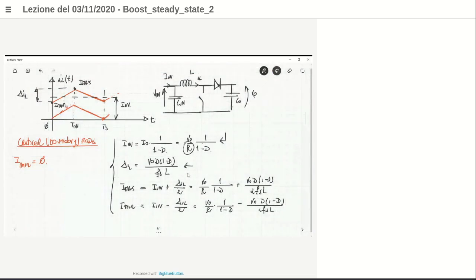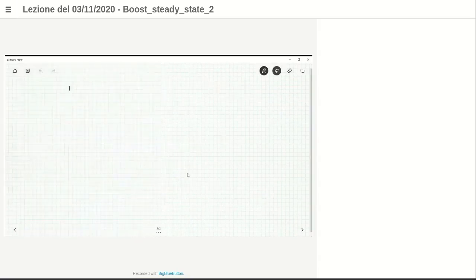So in that specific situation, if you put zero in the expression of the minimum current, then you can derive that V naught over R times 1 over 1 minus D is equal to V naught D times 1 minus D over 2 L Fs.